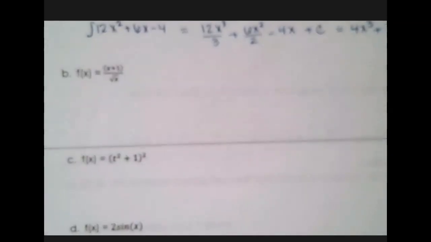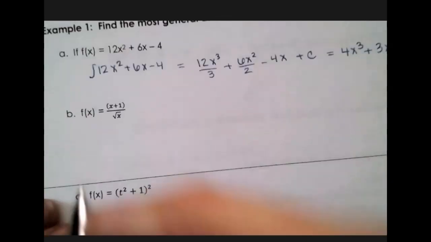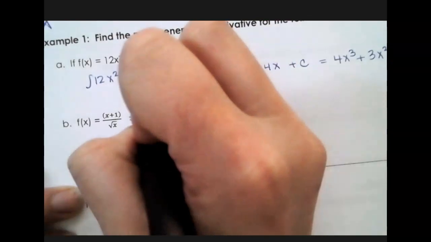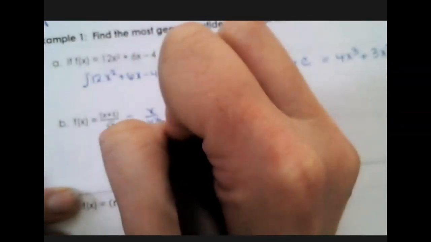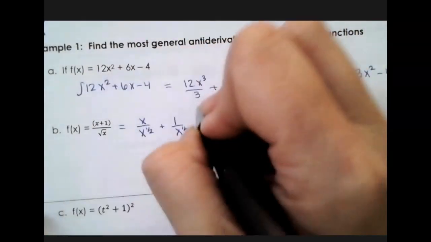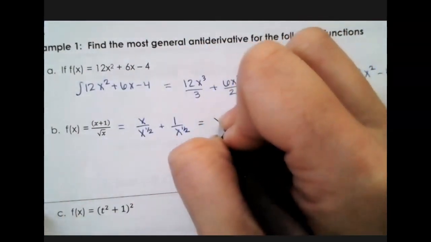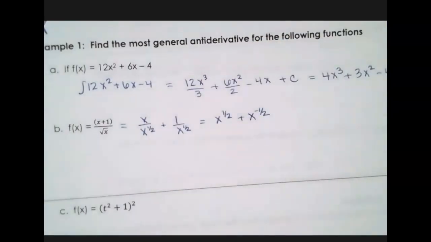In this example, in letter B, what I would do is I would take the denominator and rewrite it under each of my numerators. So I had x over x to the 1/2 plus 1 over x to the 1/2. And then I would simplify that again. So x over x to the 1/2 becomes x to the 1/2 plus x to the negative 1/2.